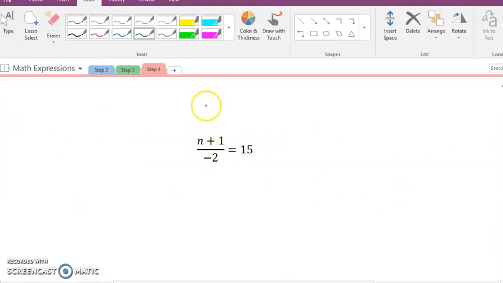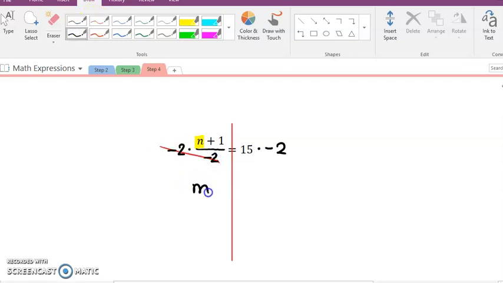Again, we have a fraction situation in this next example. Our variable is in the numerator, but we need to get rid of this denominator first by multiplying by -2. This means divide by -2, so we multiply by -2 to get them to cancel out.